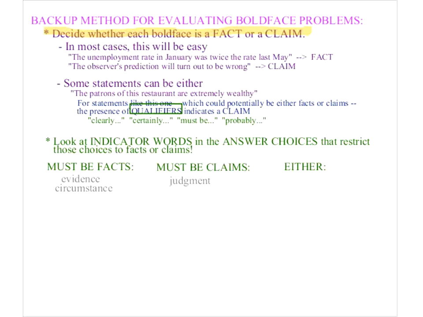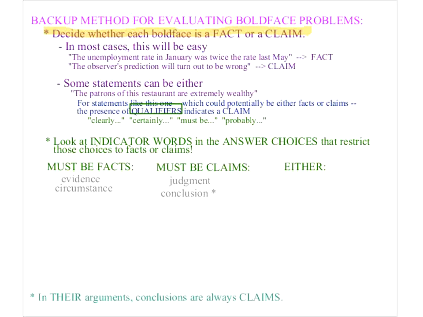What about a conclusion? C, F, or E? Okay, this one, I'm going to give you guys an asterisk here. What the asterisk means is, in their arguments, conclusions are always claims.